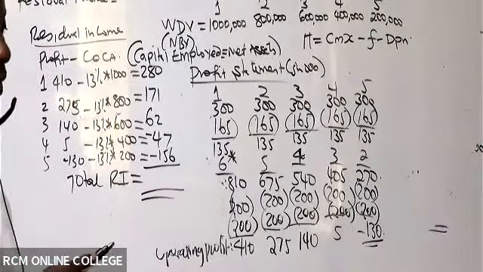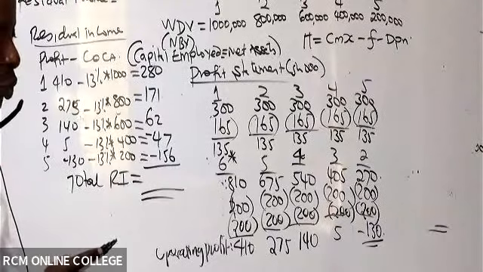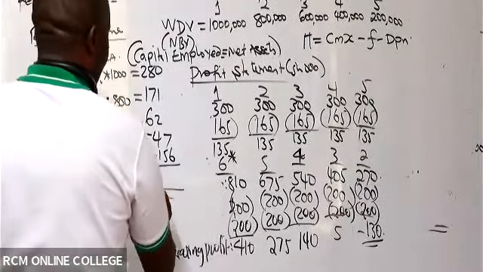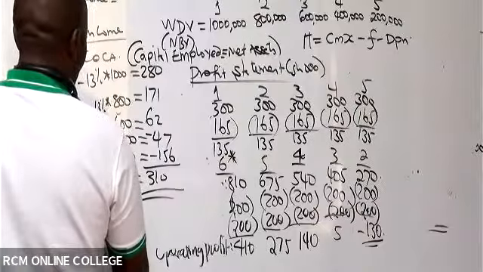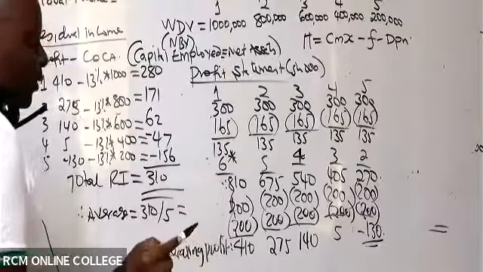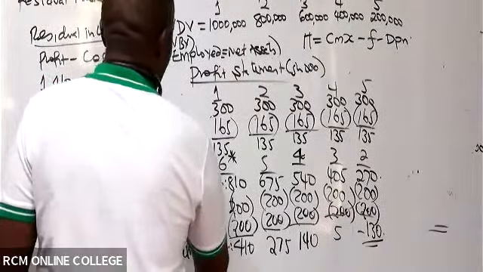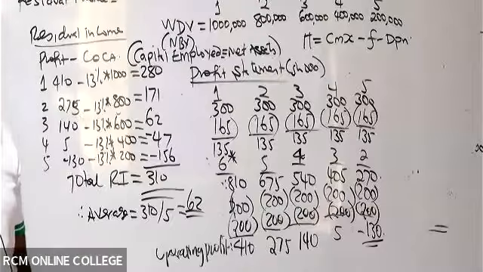The total residual income, according to Maggie, is coming to 310, and therefore the average will be 310 divided by the number of years, which is 5, which is 62.